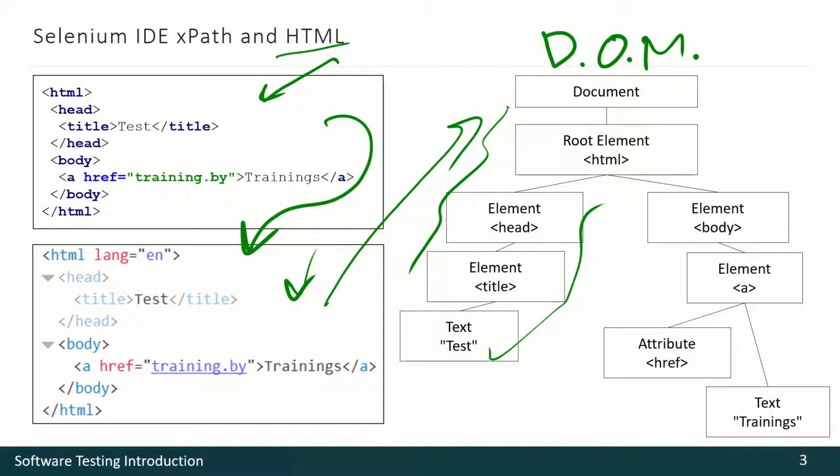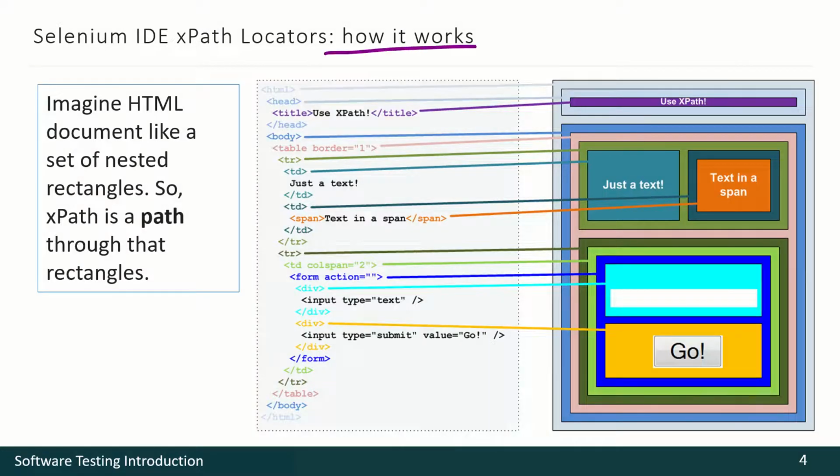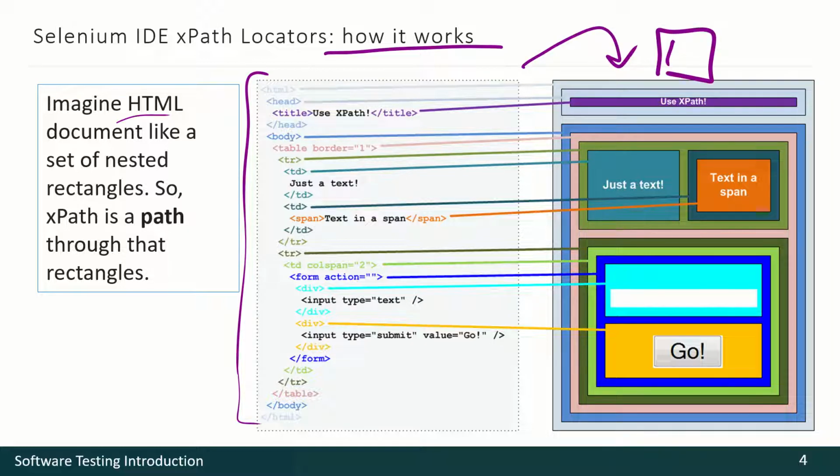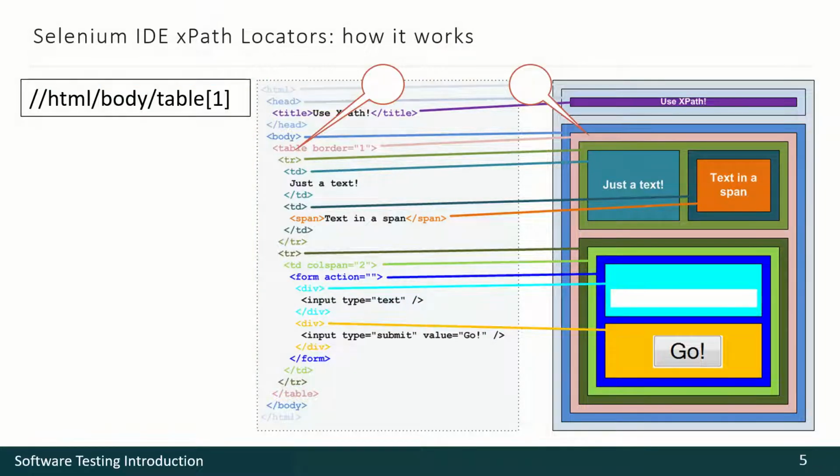And then we may navigate through this tree to find any element we want. Here is how it works. Imagine an HTML document, here it is, and try to visualize it as a set of nested boxes. That's not really true, but for now it's okay. And we shall review several XPath locators.